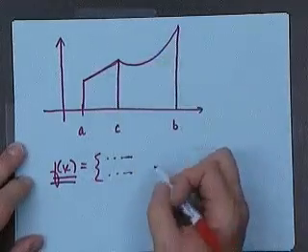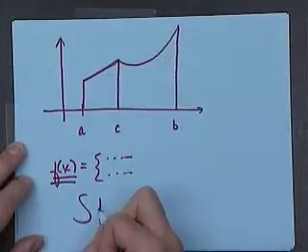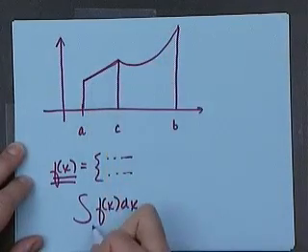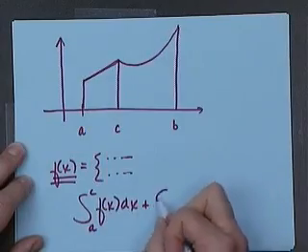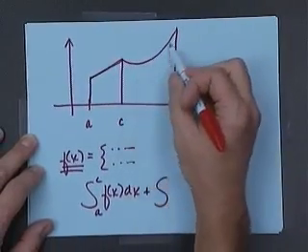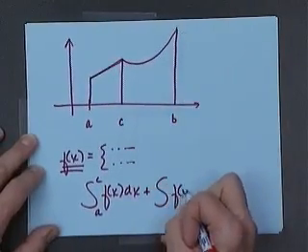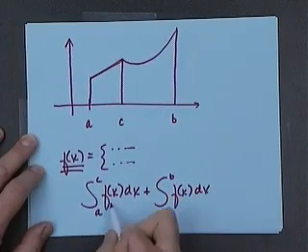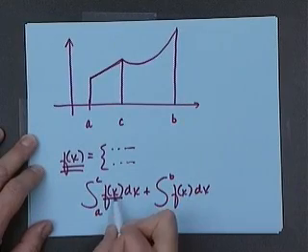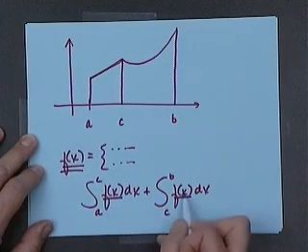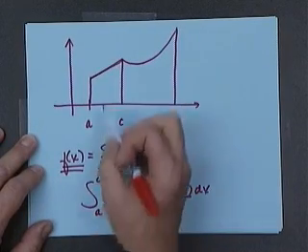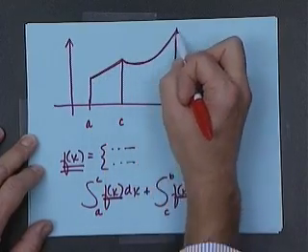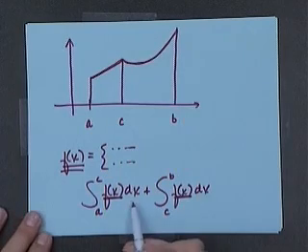Wouldn't it be advantageous in this problem to use the linear function from a to c and add to it the area under the quadratic from c to b? They look the same, f of x and f of x, but this is linear. This is quadratic. So if you have a split domain function, this also comes in handy.